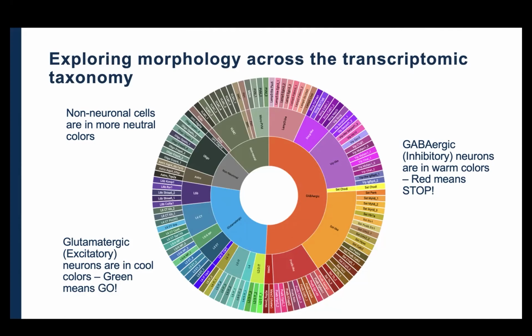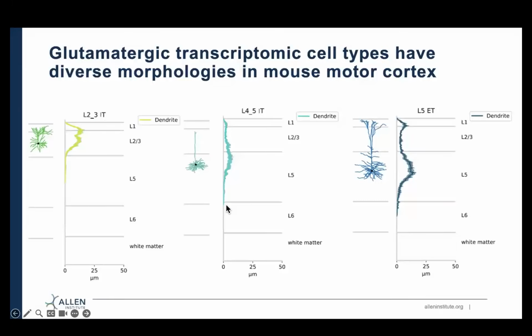The non-neuronal cells, as Brian mentioned, we're not really focused on for these particular studies, but they appear in more neutral colors. We currently don't have any morphologies from glial cells, but that could be in our future, who knows? So we'll start with looking at glutamatergic pyramidal neurons, since most people are familiar with those.